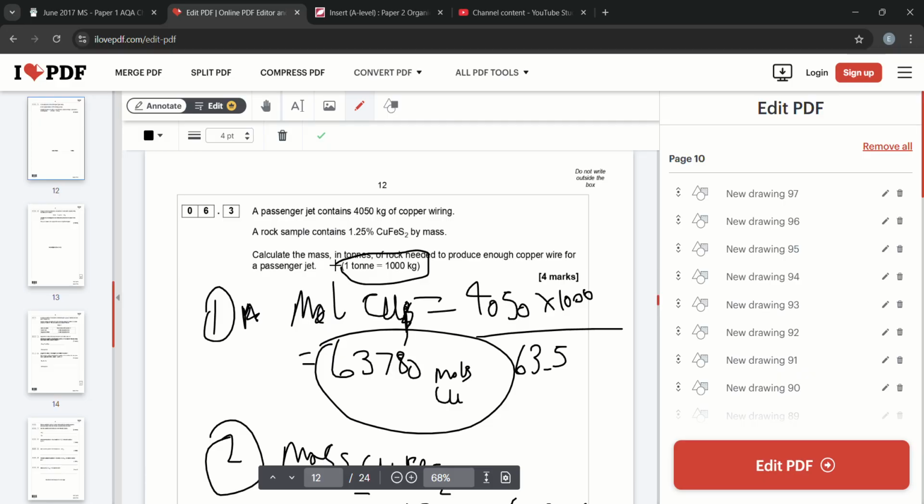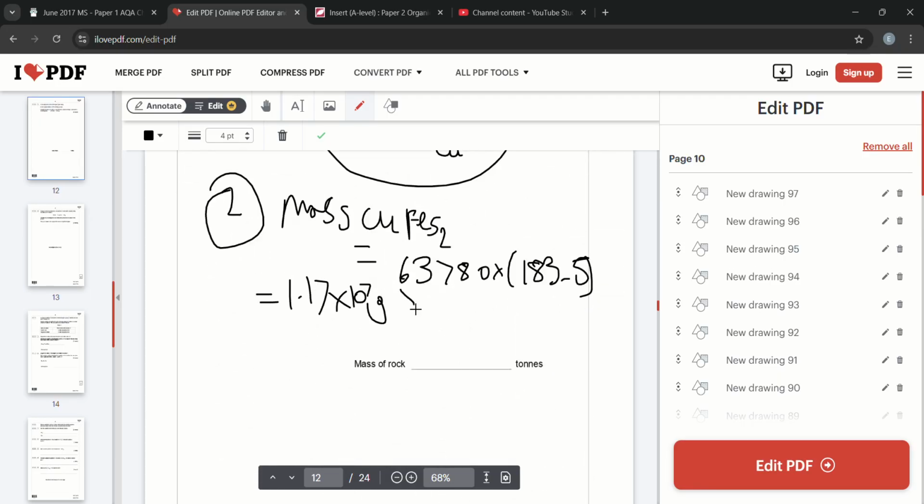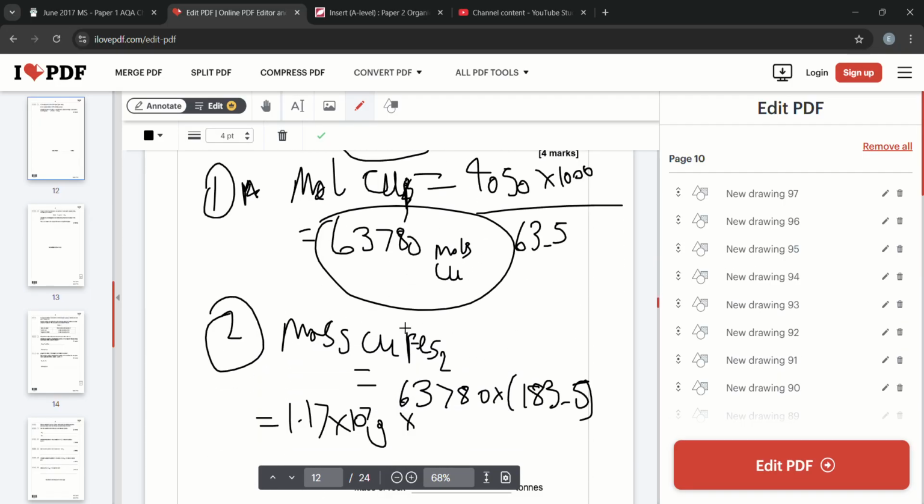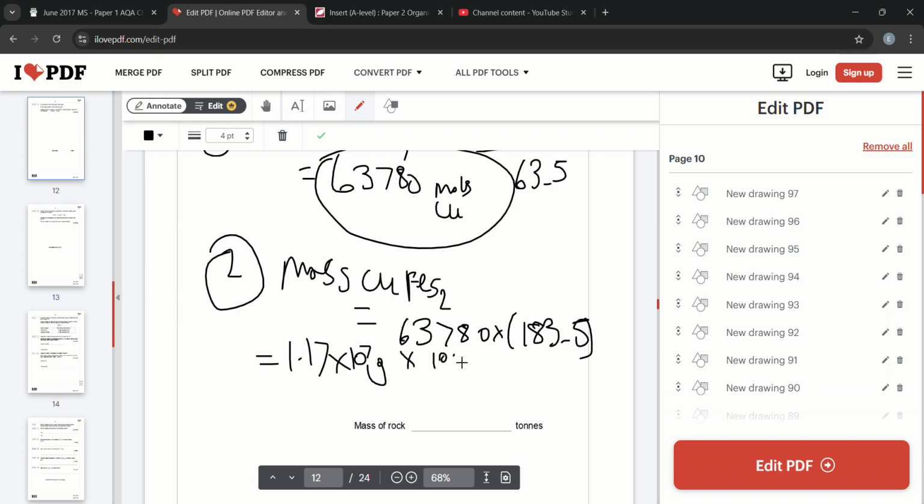And we know a rock sample contains 1.25% of CuFeS2 by mass, and we're trying to find the mass of rock needed to produce enough copper wire. So we're going to times this by 100 divided by 1.25, which is 80.